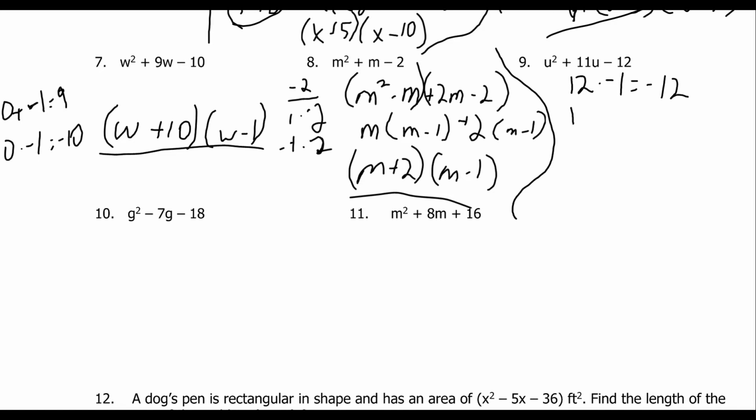And if I do 12 minus 1, I get 11. That's what I'm looking for. So that means it's going to be u plus 12 and u minus 1, which equals, oh, we're not to that part yet.